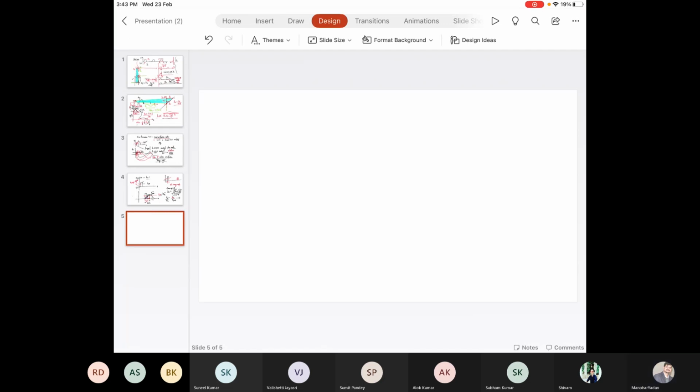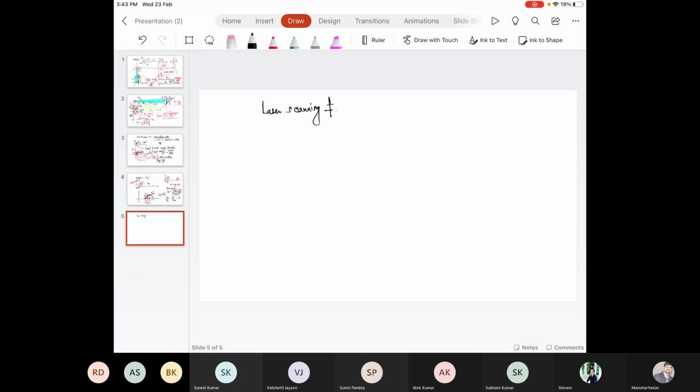Laser scanning from the moving platform. What do we need in addition with the laser scanner?